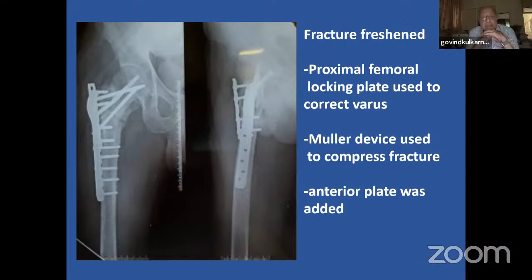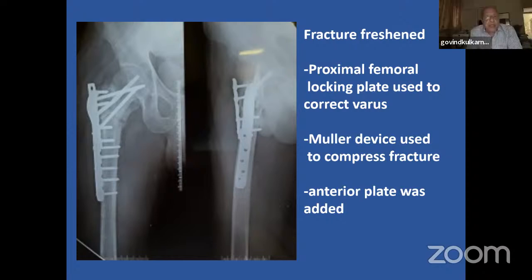I think it should unite because you have done everything nicely. But the results of proximal femoral locking plate are not so good. So this becomes a too stiff an implant and likely to break.